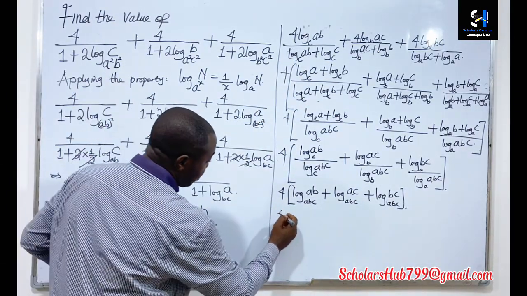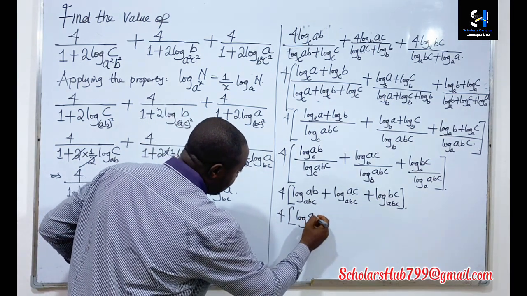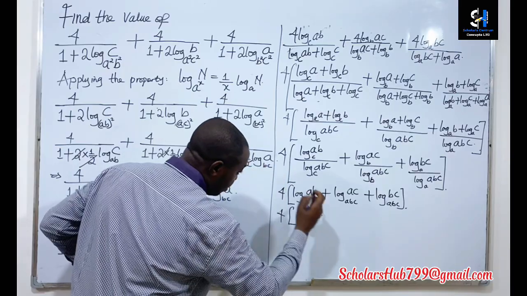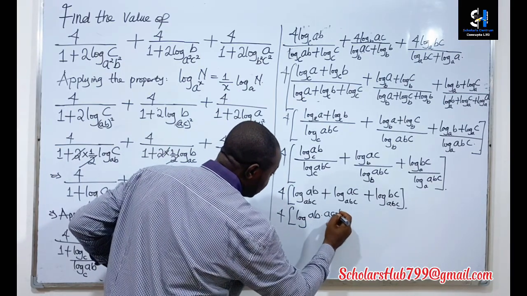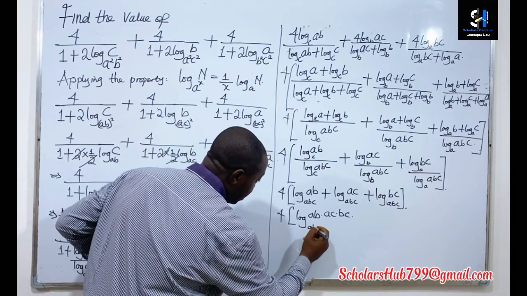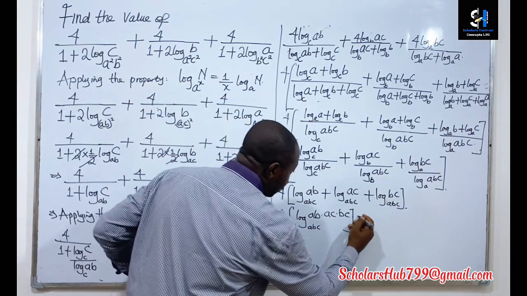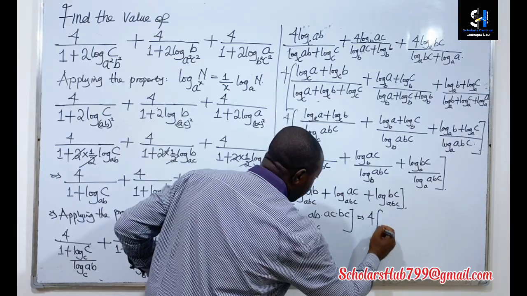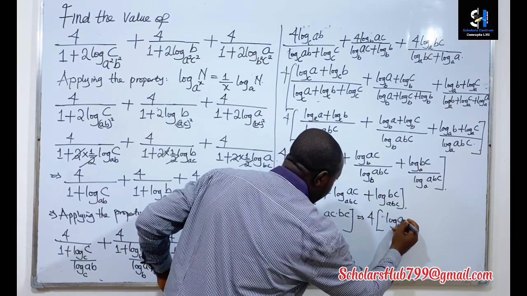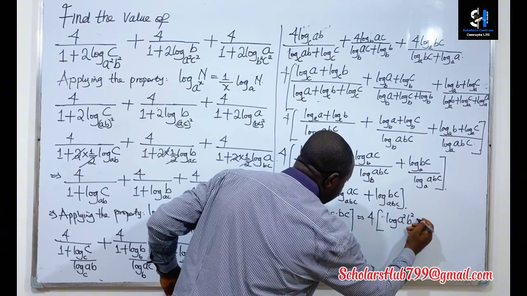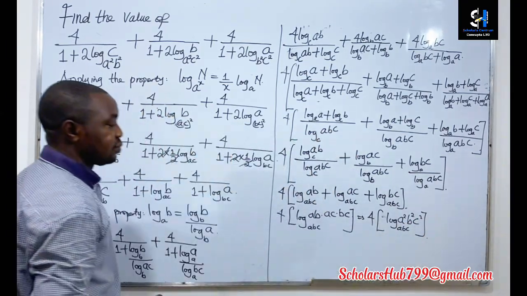So we're going to have 4 multiplied by the logarithms of AB, AC, and BC to base ABC. Now A times A will be A squared. So this is going to be 4 open bracket log A squared, B squared, C squared, to base ABC.